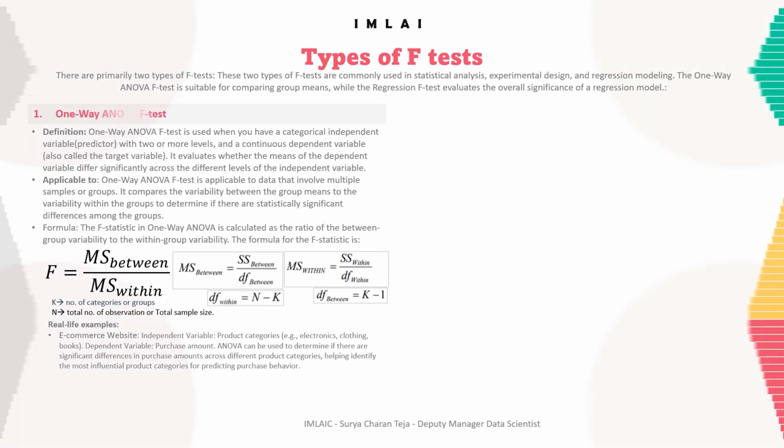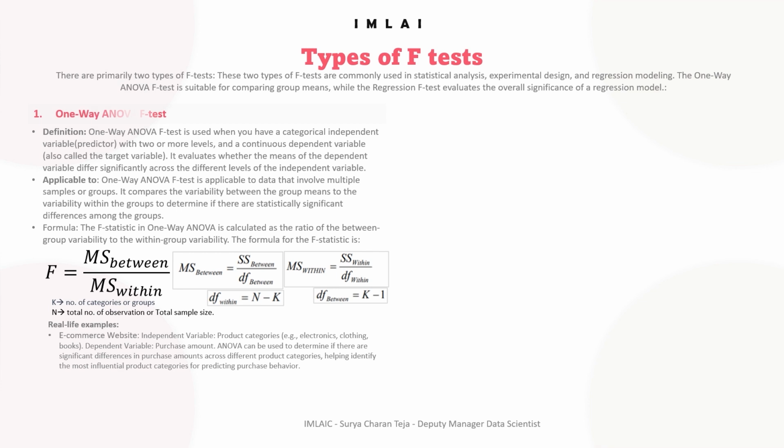ANOVA can be used to determine if there are significant differences in purchase amounts across different product categories, helping identify the most influential product categories for predicting purchase behavior.